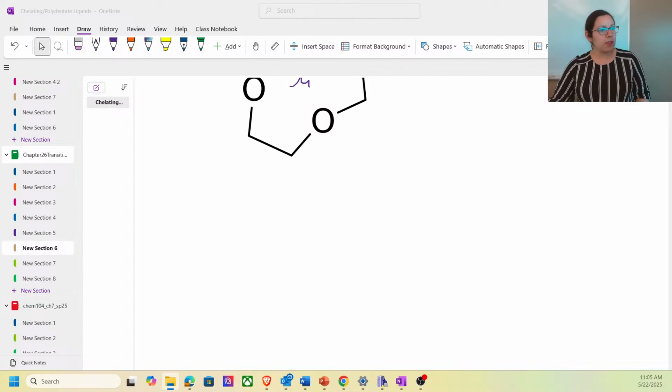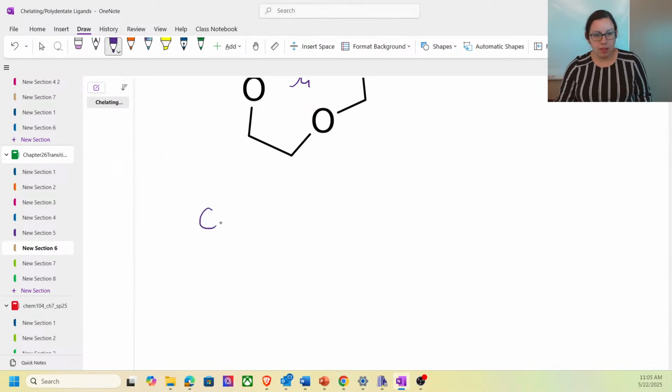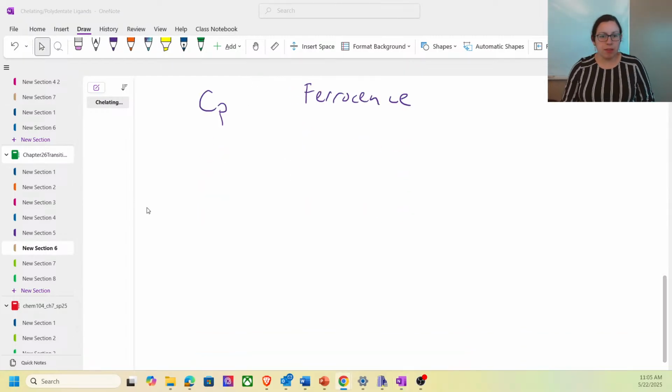Other things we can talk about. I think I mentioned Cp. Cp is another type of ligand. Well, I mentioned ferrocene. We had discussed ferrocene, which is a sandwich complex.